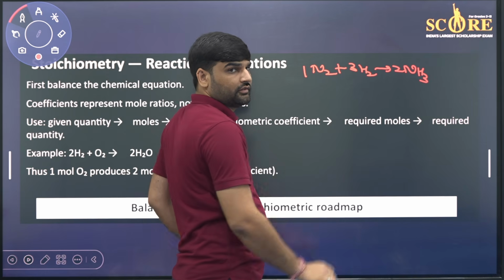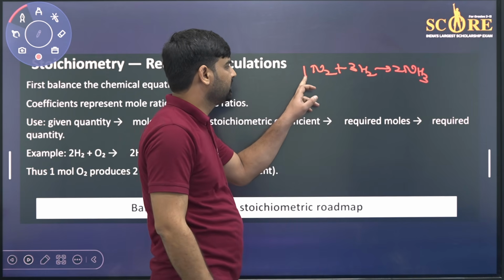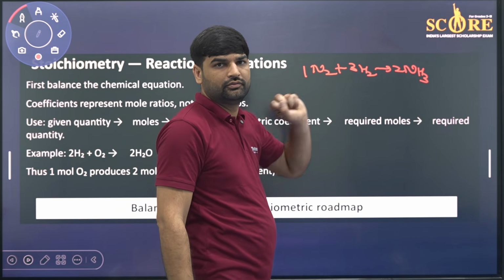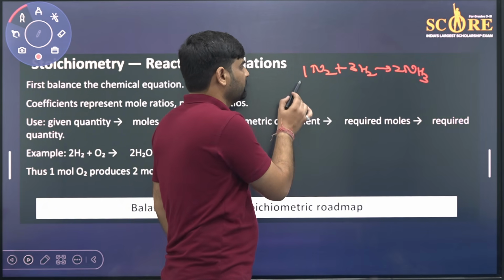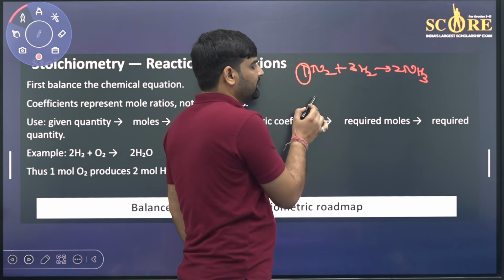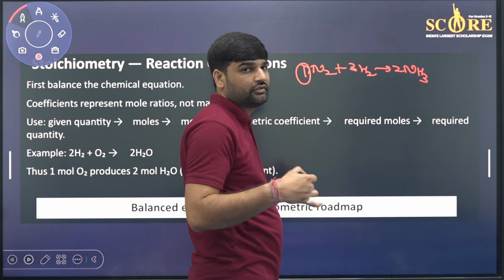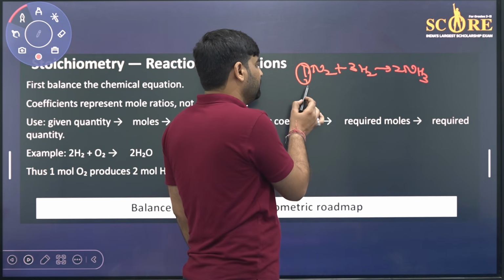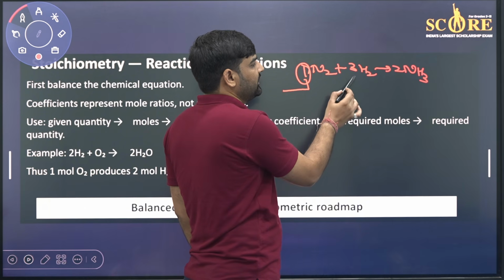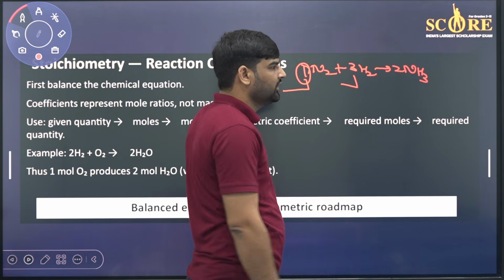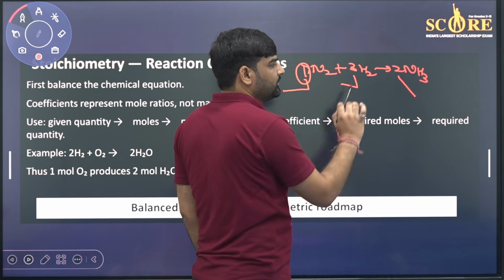What are the stoichiometric coefficients? 1, 3, 2. So how do we read the reaction by stoichiometric coefficients? We have to read it as 1 mole of N2 will react with 3 moles of H2 and form 2 moles of ammonia.